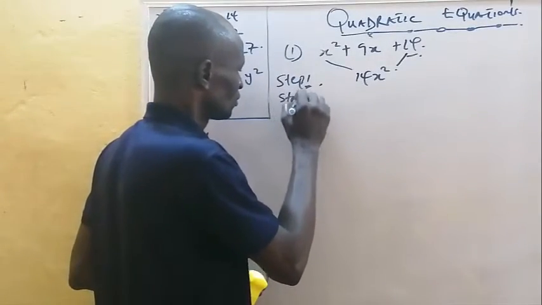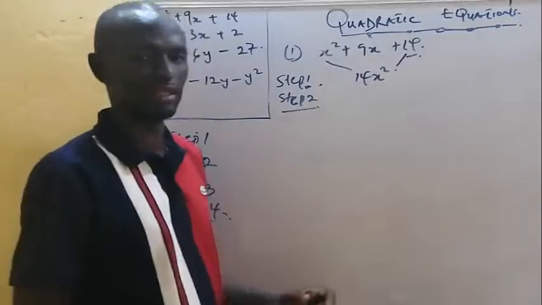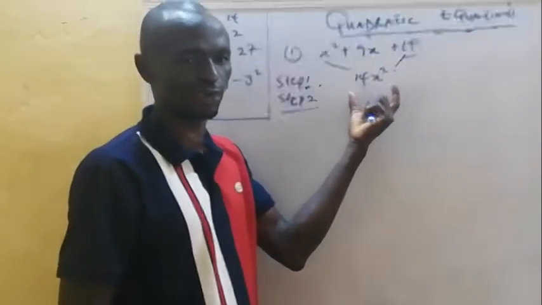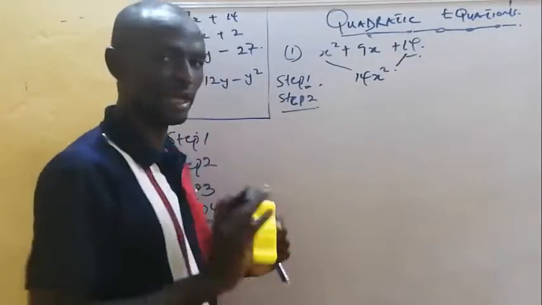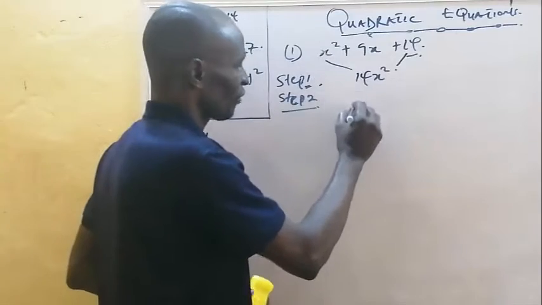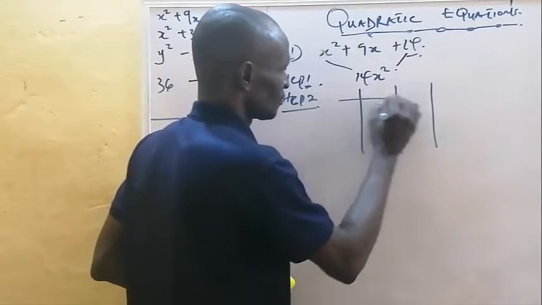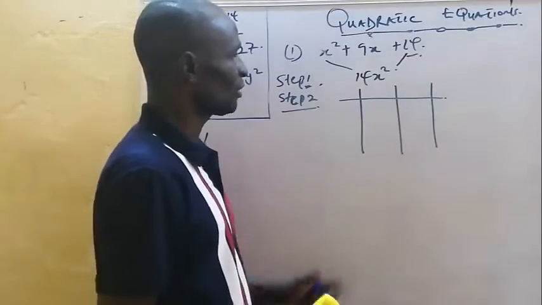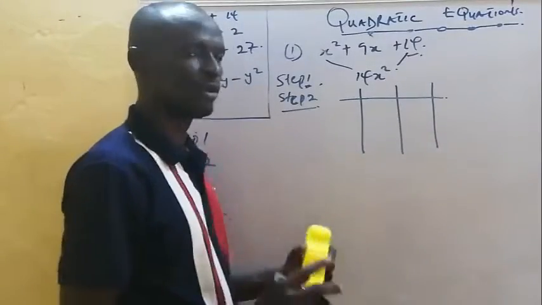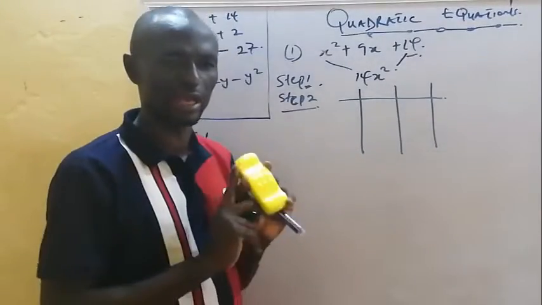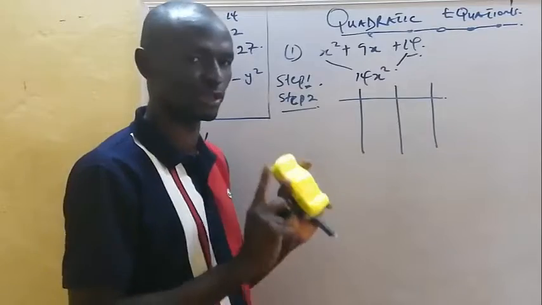Step 2 says factors of 14x². To make it easier for us, let's look for the factors of 14x² this way. Now I'm going to start from 1. What are those two things I'll multiply together that will give me 14x²?